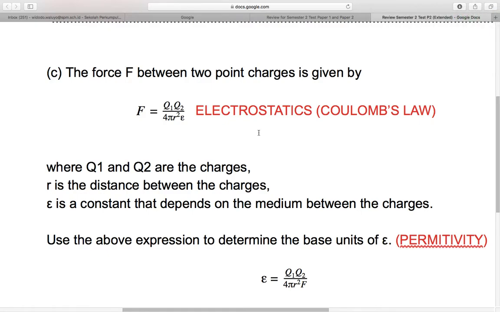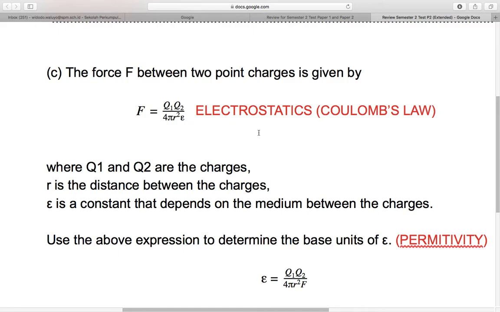Q1 and Q2 are the charges, r is the distance between the charges, and epsilon is a constant that depends on the medium between the charges. Use the above expression to determine the base unit of epsilon.